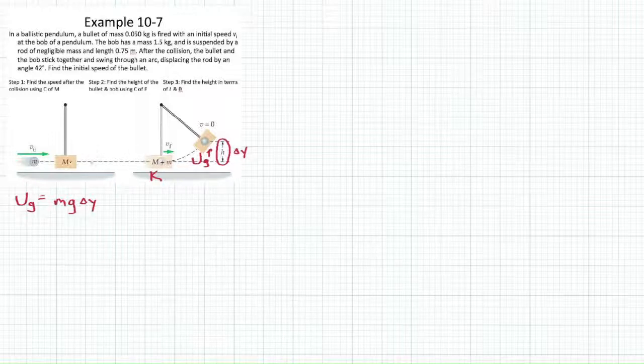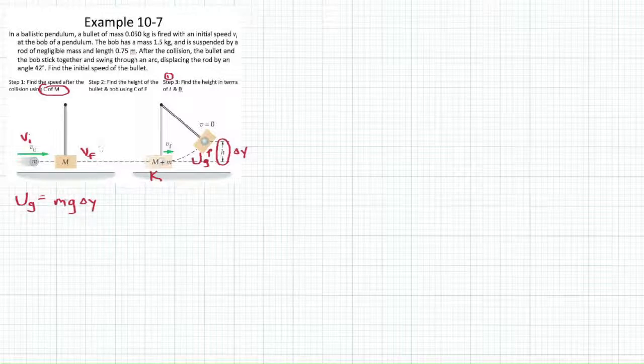And this kinetic energy can be turned into a final velocity of this whole system, and the final velocity of this whole system can be used with conservation of momentum to find the initial velocity of this bullet or ball bearing right here. So that's the idea. So our plan for part 1 is to find out what the potential energy is that the ball and pendulum bob gain by moving upwards, and then we'll work backwards towards finding the initial speed of the bullet.